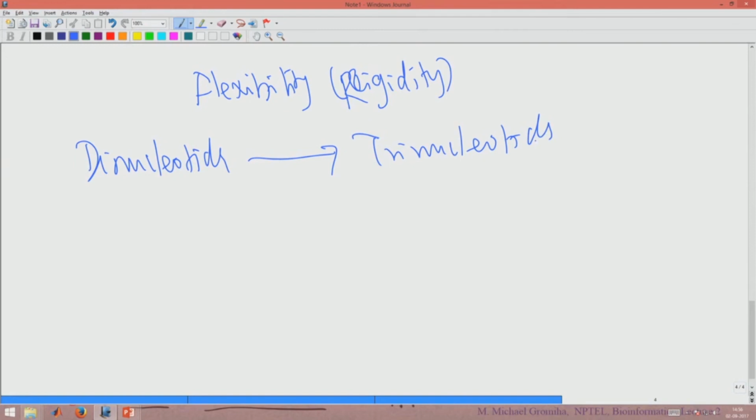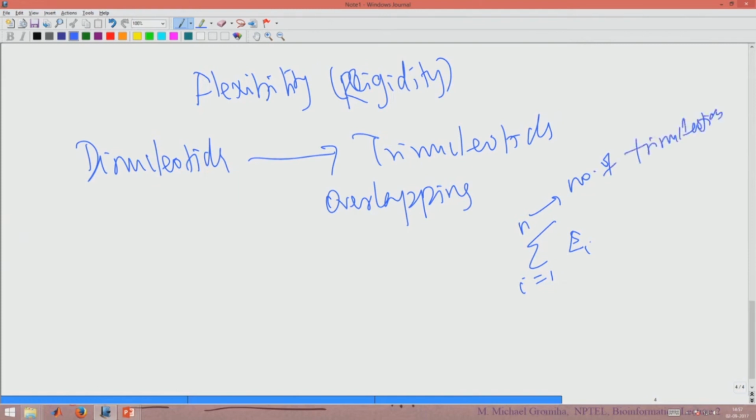So, get the sequence and make it into overlapping trinucleotide sequence. Then have the table, assign the values and add the values, sigma E I, I equal to 1 to n, where n is the number of trinucleotides, and then divide by n minus 2, because trinucleotides, so n minus 2. So, you can do the same way and you can calculate rigidity.